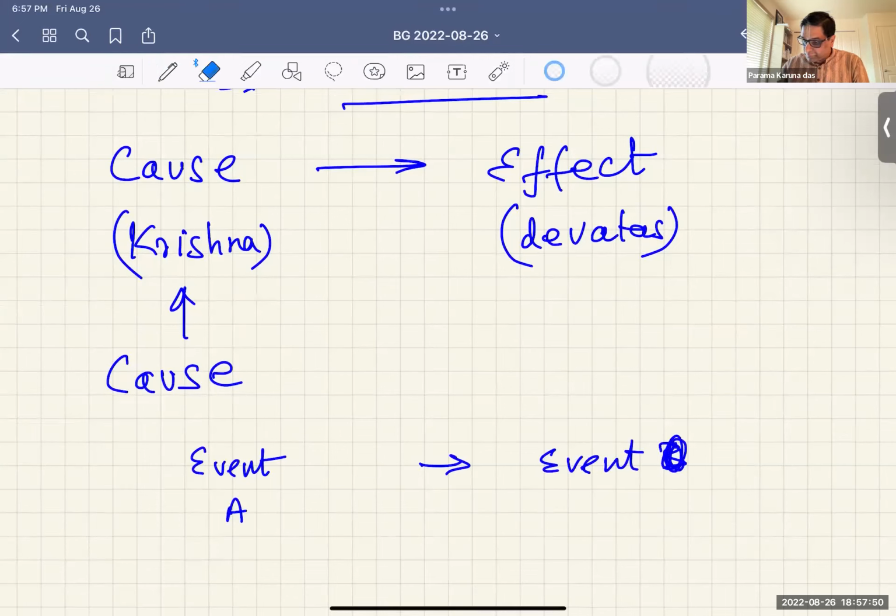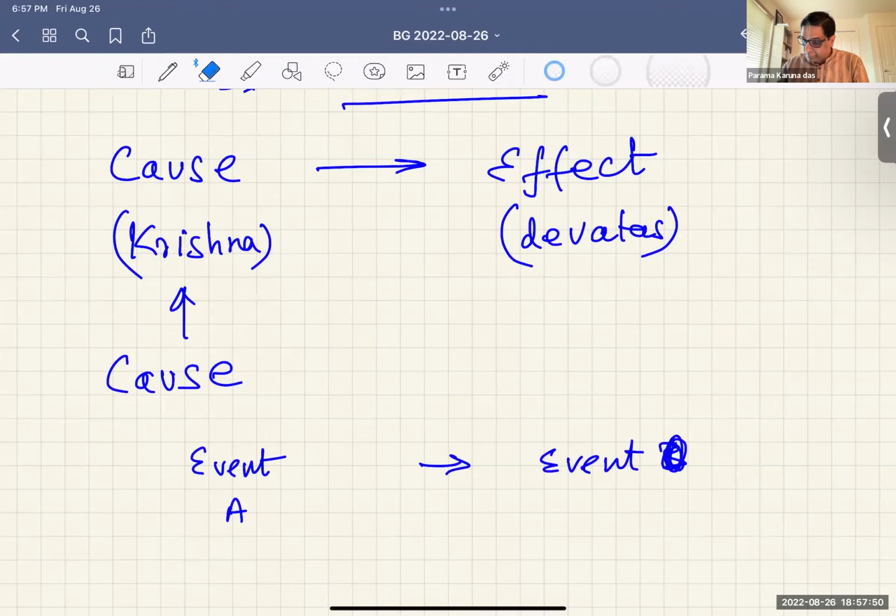The cause can give the full understanding of the effect. Then you may ask, what caused event A? So maybe there is some event X that caused event A. By studying event X, you can understand how event A happened, and then how event B happened. So like this, you can be in a chain of events, cause and effect, cause and effect, cause and effect. You can study, right?